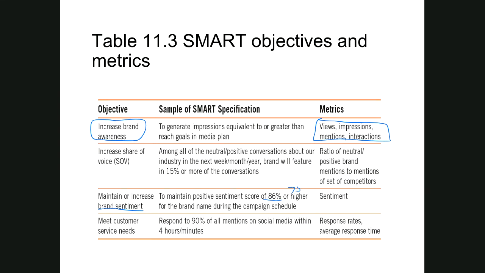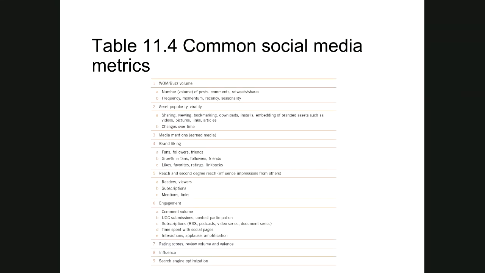So they say, well, this year, because we would like to change these other things that we're doing, we would like our sentiment score to be 80%, 86% or higher. And that would be an example of a measurable objective and a metric they could use to see if they were accomplishing it.